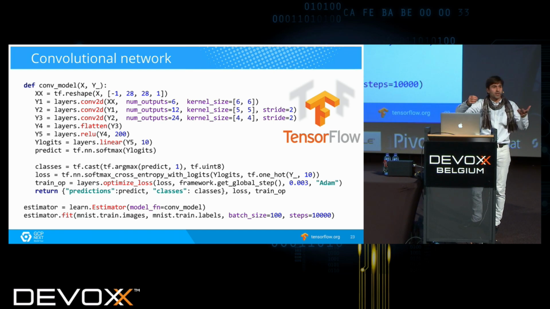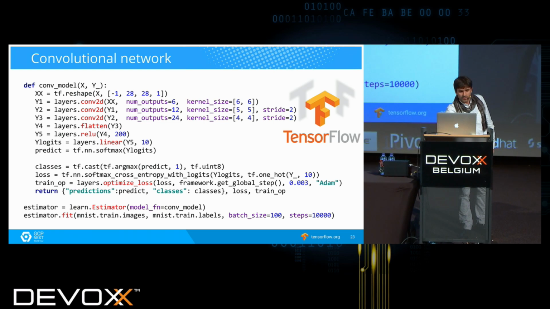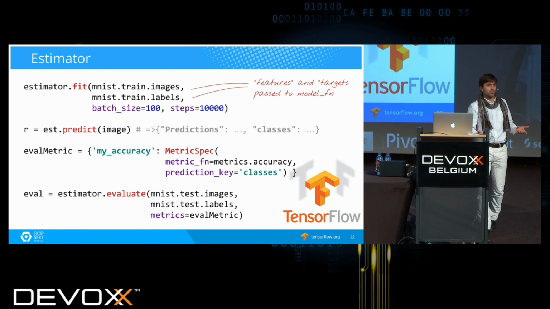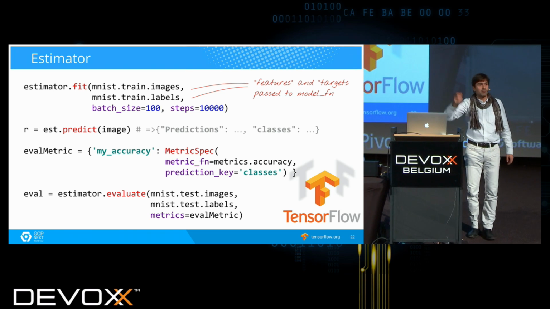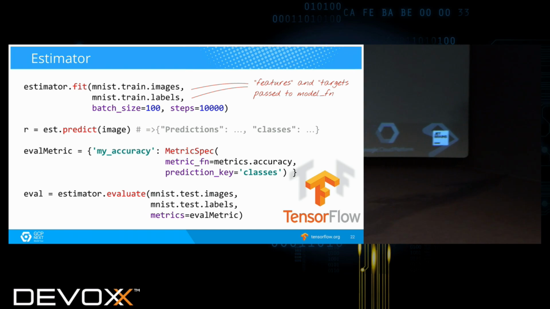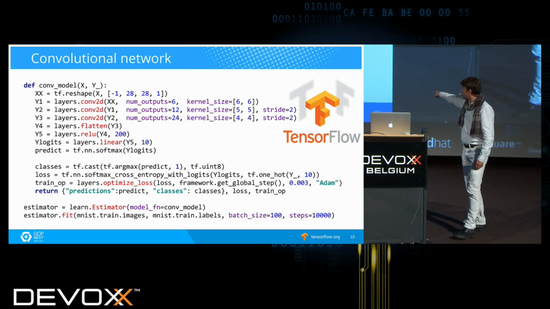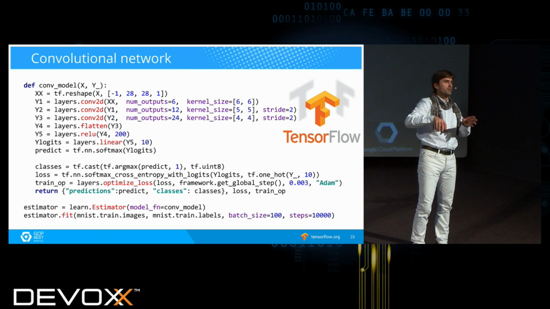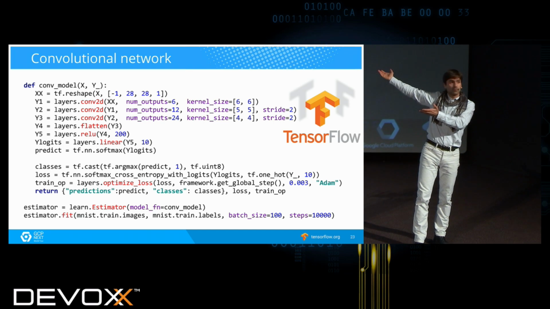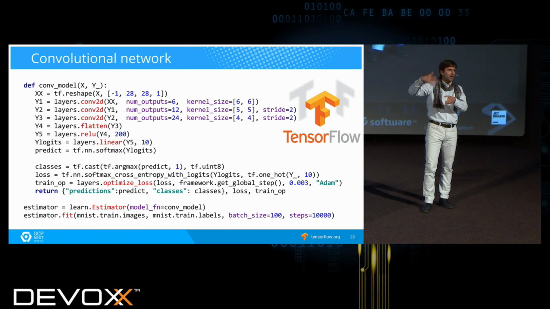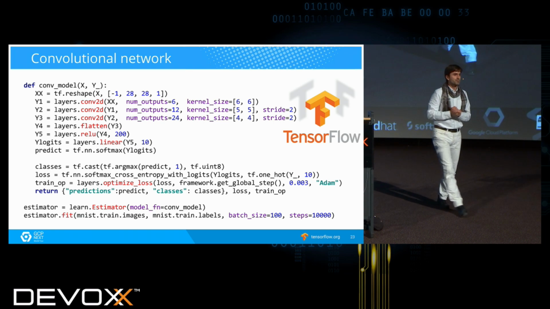So if I want to compute a metric on one of those values, I define a metric using the metric spec function where I say on which key I'm computing this metric. I specify the function computing this metric, and now I can use this eval metric in a new object which is called a monitor. And this monitor, you can pass it as a parameter to the fit function. So you create a monitor, and you say, please follow this metric. The metric being whatever you want. It's just a function plus a key in what you return. So it's you who define it. And then this monitor, you configure it saying how frequently you want to check that value, and it outputs that.